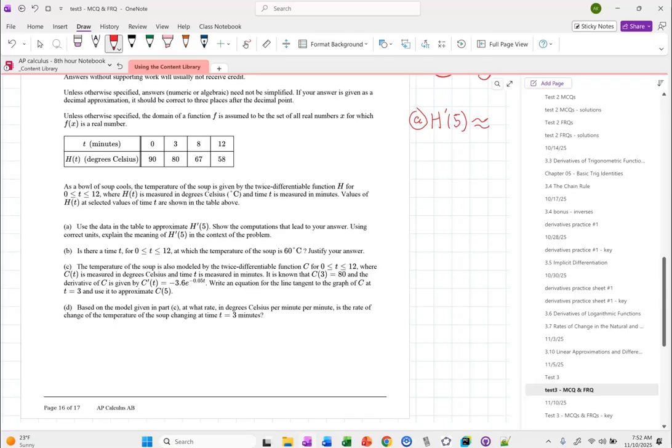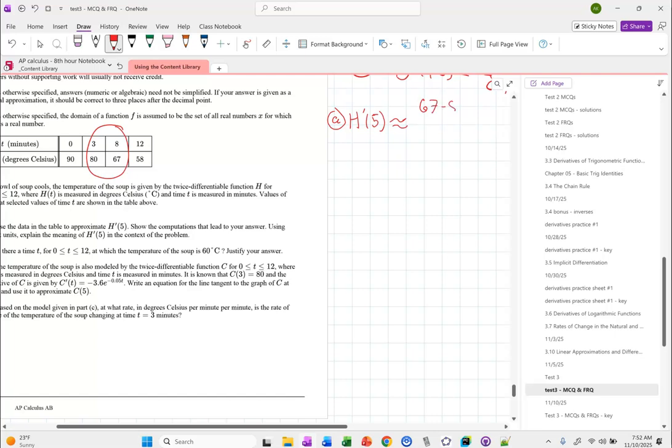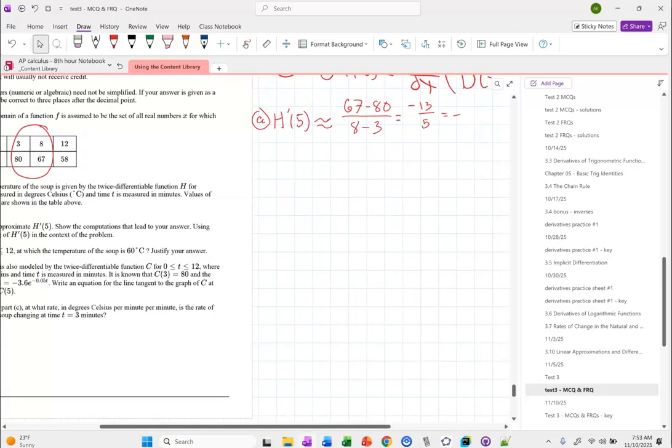Using the middle 2 points, yeah, where the t-values are 3 and 8, those most closely bound 5. Best we can do with the table that we're given. So what's that going to be? Negative 13 over 5, or negative 2.6.